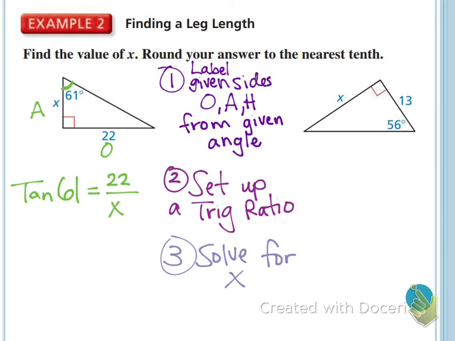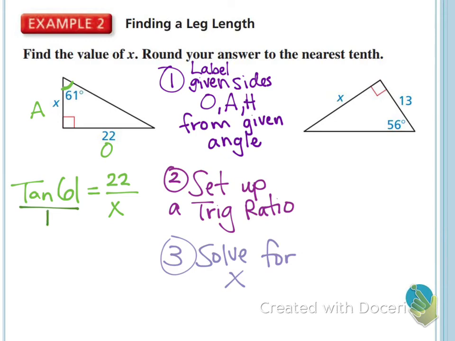So believe it or not, setting it up is not the hardest part. This is as hard as they come because a lot of students are like, well, I'm just going to multiply both sides by 22. But you can't, because would that cancel out this fraction over here? No. Where would this 22 have to be in order to cancel out the fraction? It needs to be on the bottom. So do you believe in geometry that what you do to one side of an equation, you do to the other? We all agree? So here's what we're going to do. Everything in life is invisibly over the number 1.